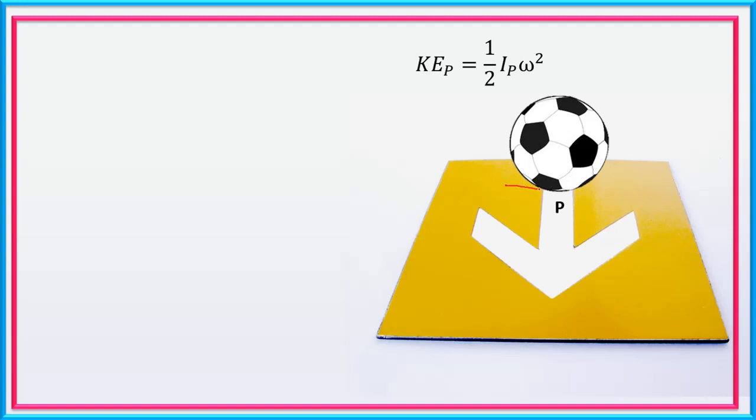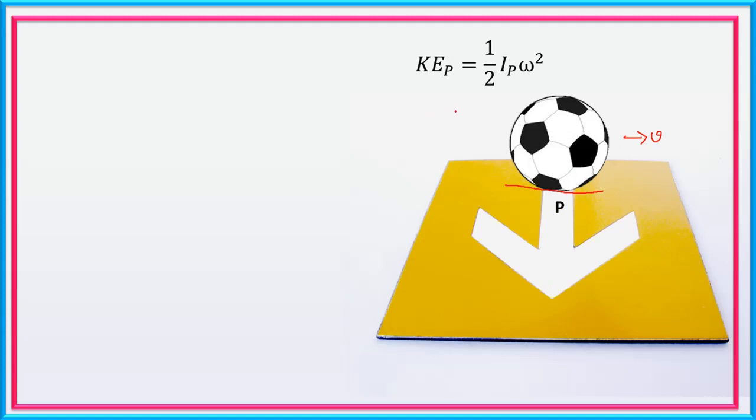When the ball is rolling with a translational velocity v, this is the point about which we can consider all the particles are going around. That is, this is the axis of rotation. This arrow which is marked in white is the axis of rotation of this ball at a point P. Therefore, we are going to find the kinetic energy about this axis at the point P.